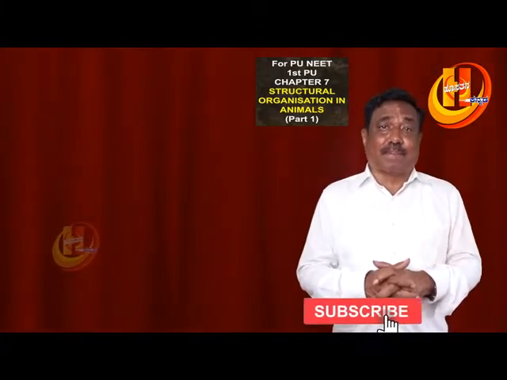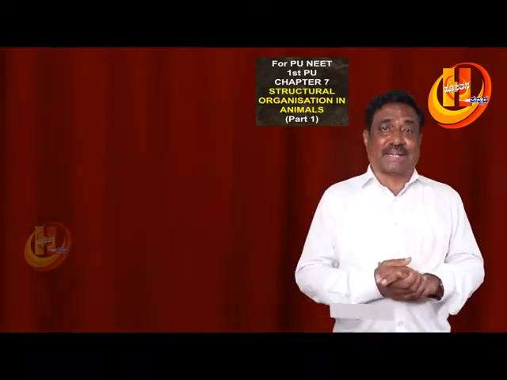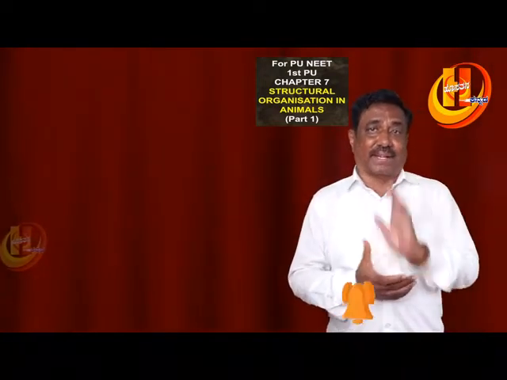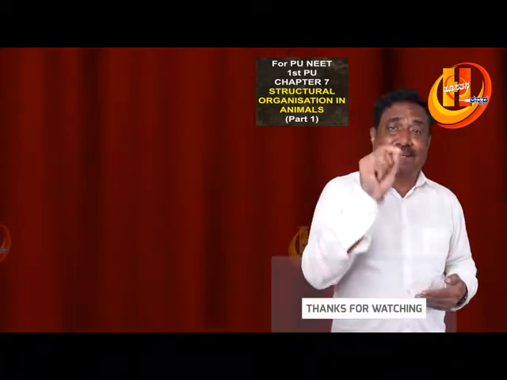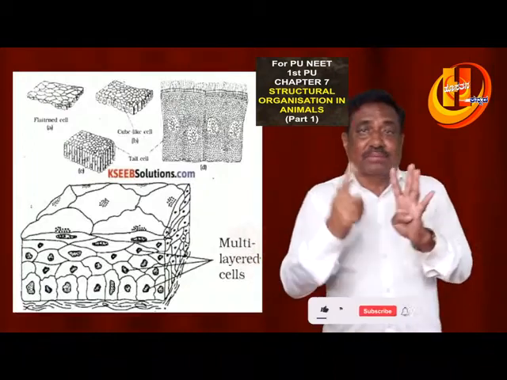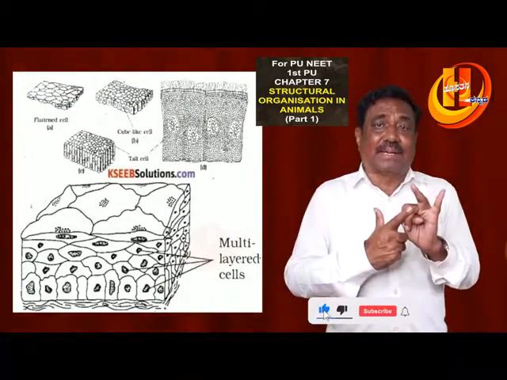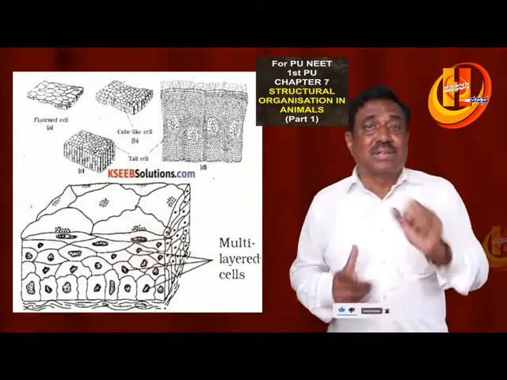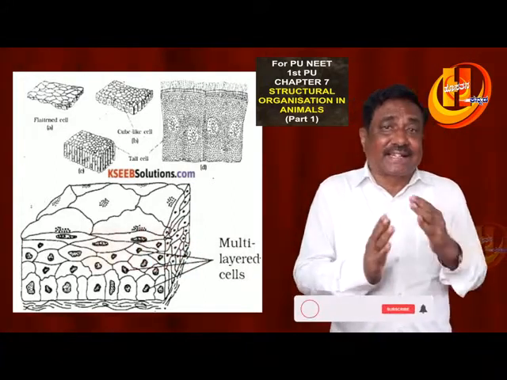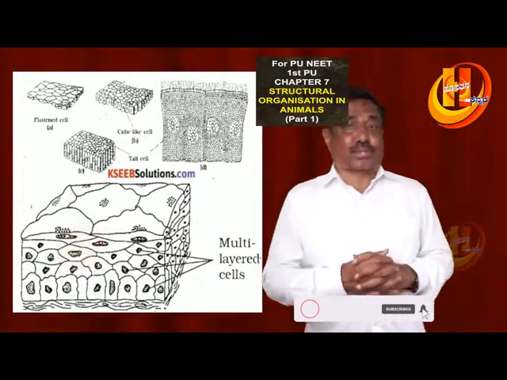The nucleus may be present at the center, for example in case of squamous epithelium and cuboidal epithelium, and at the base, for example ciliated epithelium and columnar epithelium. So squamous epithelium, columnar epithelium, ciliated epithelium, cuboidal epithelium and glandular epithelium are the various types of epithelial tissues.